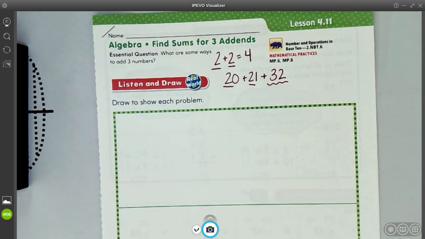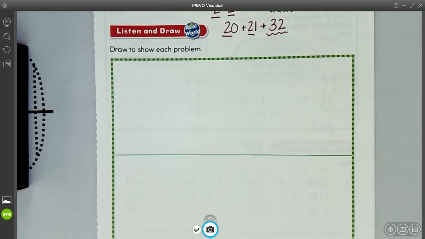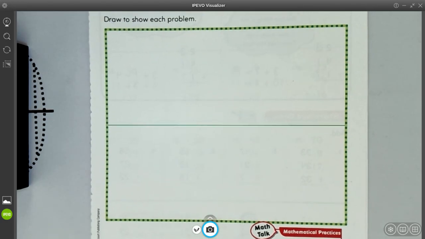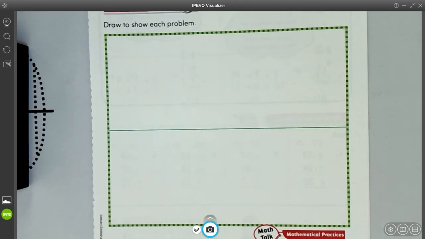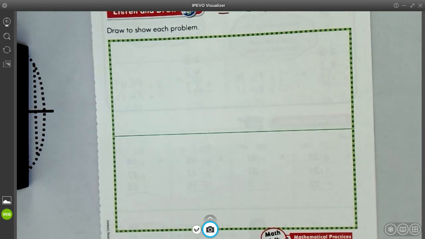So, essential question, what are some ways to add 3 numbers? Listen and draw. Draw to show each problem. The first problem, Mr. Kim bought 5 blue balloons, 4 red balloons, excuse me, and 5 yellow balloons. How many balloons did Mr. Kim buy?